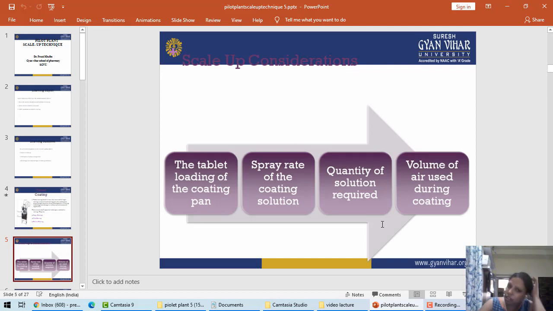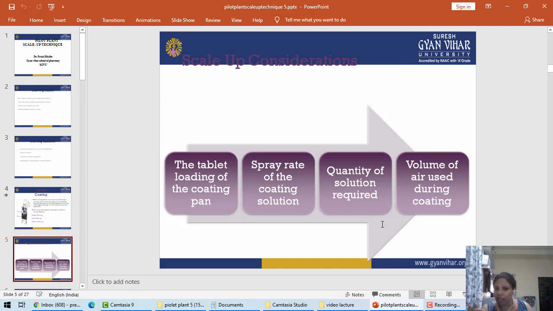Now scale up consideration of coating. The tablet loading of the pan, the spray rate of the coating solution, the quantity of solution required, and the volume of air used during coating. So basically, when we are talking about scale up consideration, the first thing we should know is that in case of any type of scale up consideration, for example scale up of coating or scale up of compression, we should think about the critical factors.